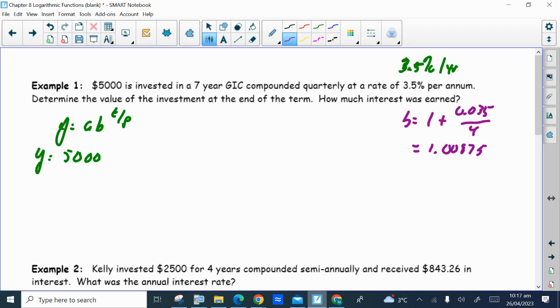All right, so there's our B value. So we can put this into the equation, 1.00875.